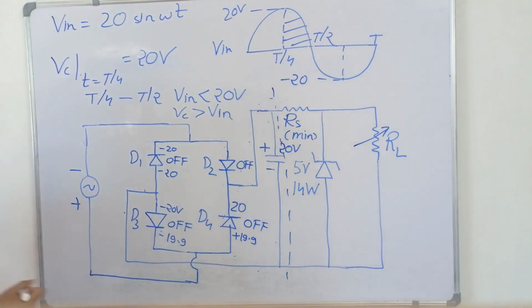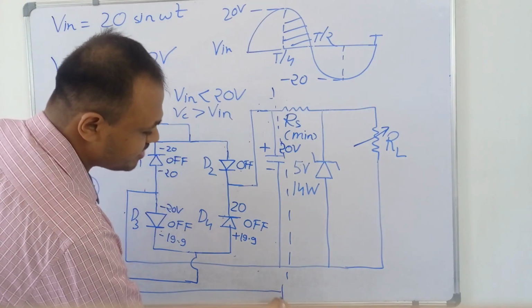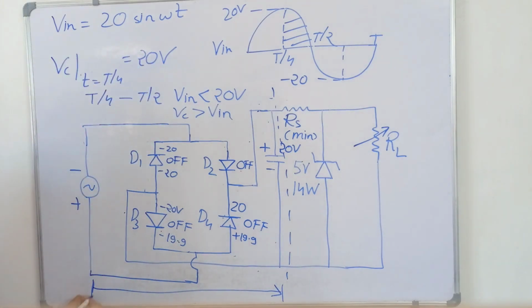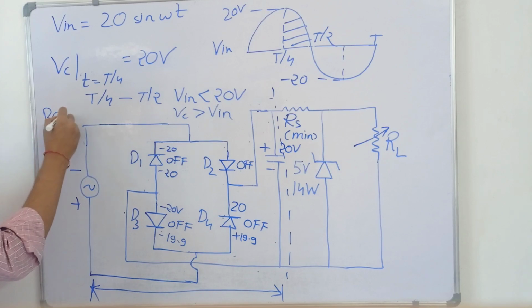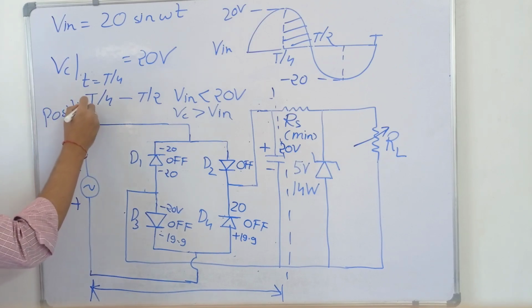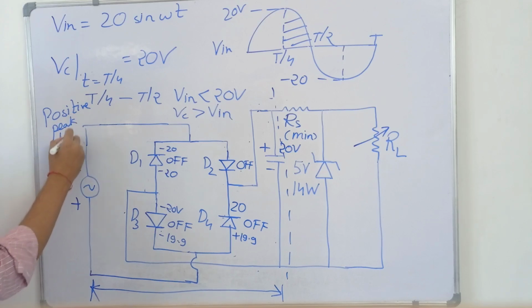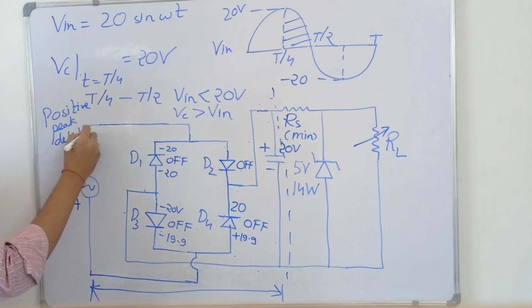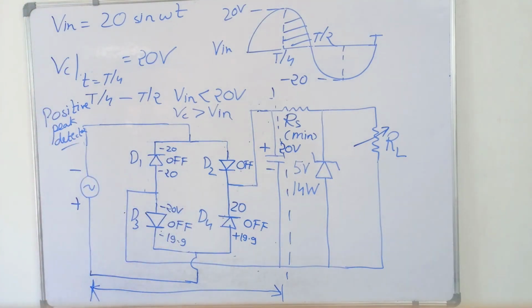From this side up to this capacitor, this half of the circuit is working like a positive peak detector. So it will detect the maximum positive value of the input voltage, and this capacitor will get charged to that value.